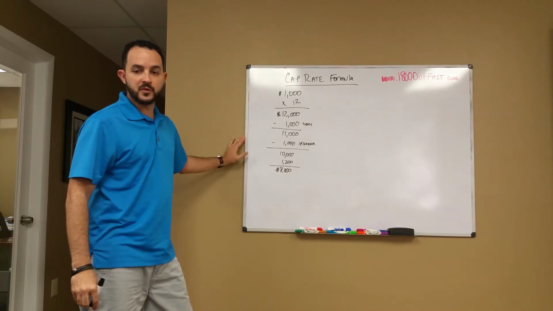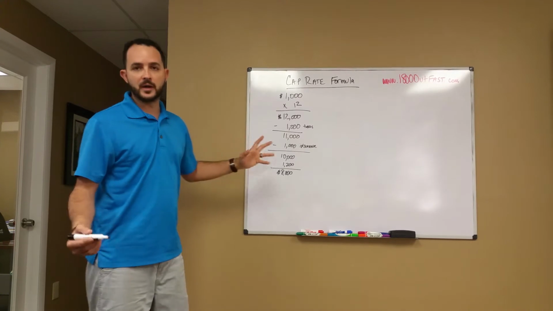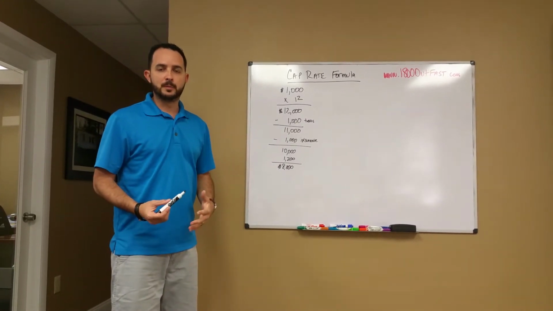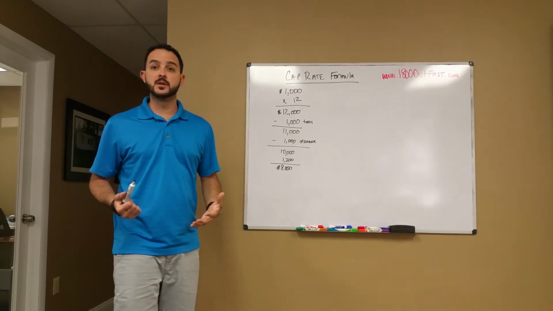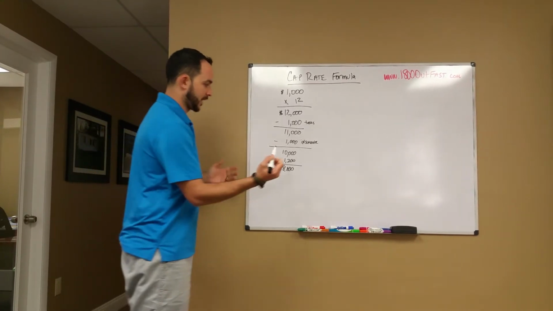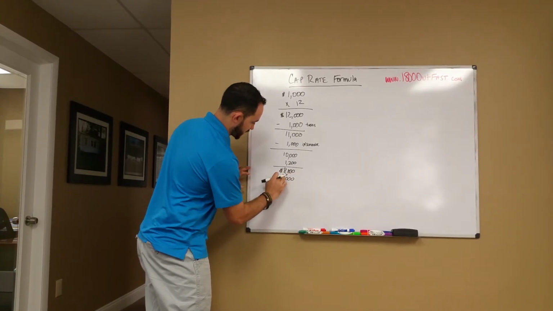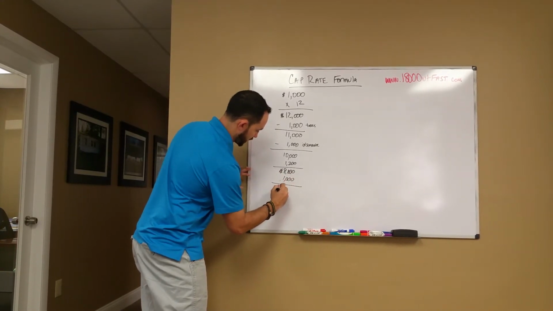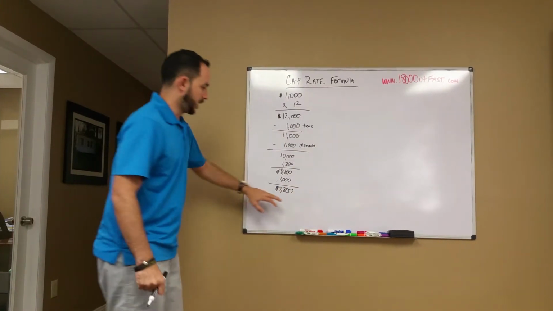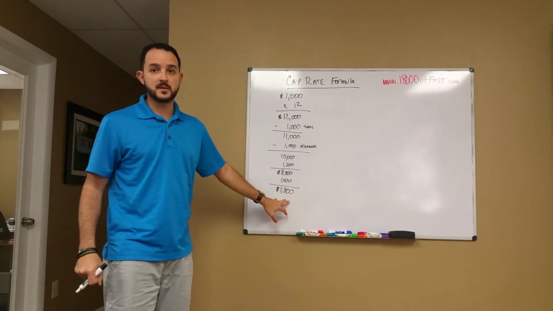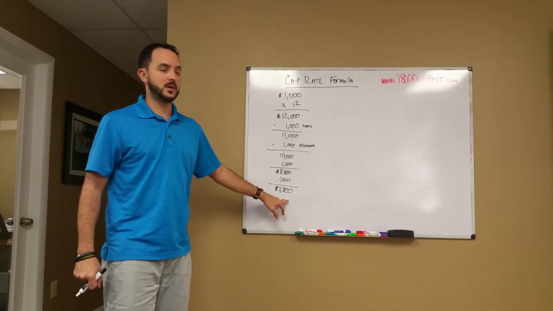We also have some reserves for repairs set aside, and that's going to vary. But I typically do about, just say $500 to $1,000 a year. So you just subtract $1,000 from this and make it easy. It's going to leave us with $7,800 a year in approximate net income from this rental property.